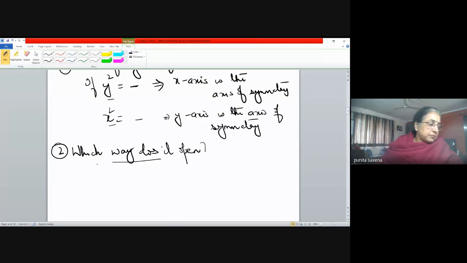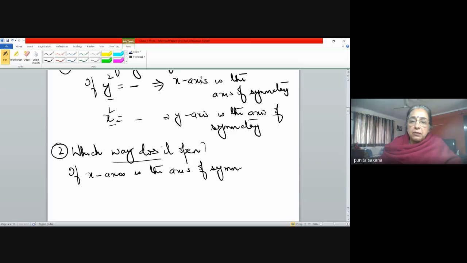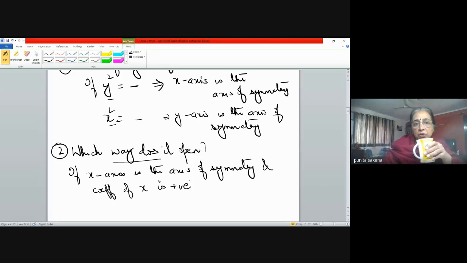This you know, that if x-axis is the axis of symmetry, I'm just writing the rules for you so that you remember it. Okay, if x-axis is the axis of symmetry and coefficient of x is positive, यही लेते हैं ना? X-axis is the axis of symmetry means your equation is y square equal to something.